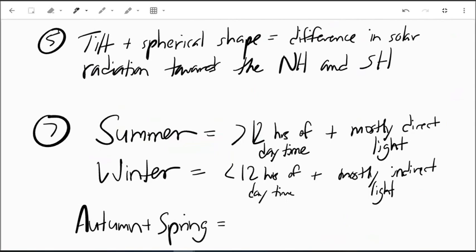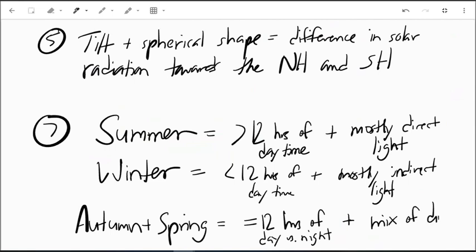Autumn and spring are during equinoxes, which means daytime is equal. So it is exactly equal, 12 hours of day versus night. And there is a mix of direct and indirect light.